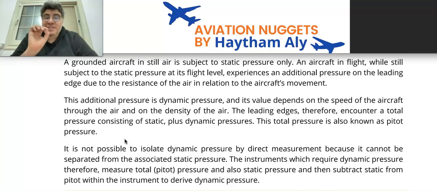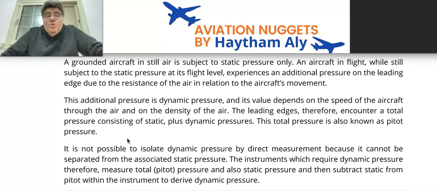We can also convert pressure into altitude. It is not easy to isolate the dynamic pressure and calculate it directly, so we calculate the dynamic pressure from the total pressure or pitot and the static pressure. So pitot minus static equals dynamic.